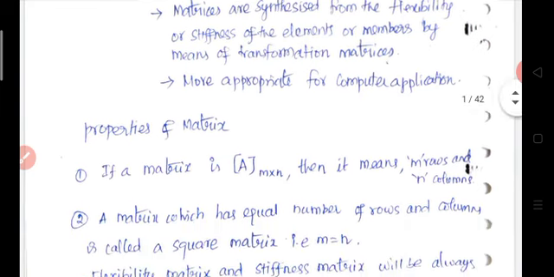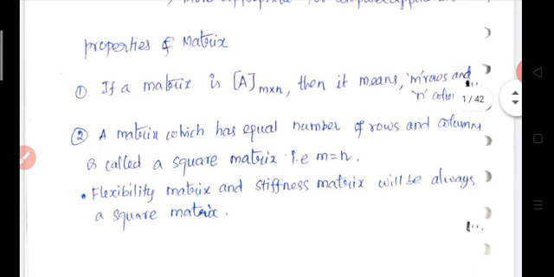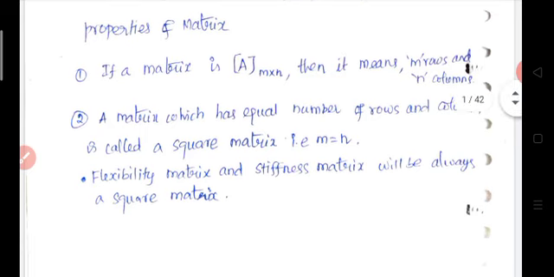Then let's see the basic properties of a matrix. These are things you are studying in your mathematics. What is meant by a matrix? A matrix is an array of elements which are sequentially arranged in rows and columns. If a matrix is A, then it has m rows and n columns.